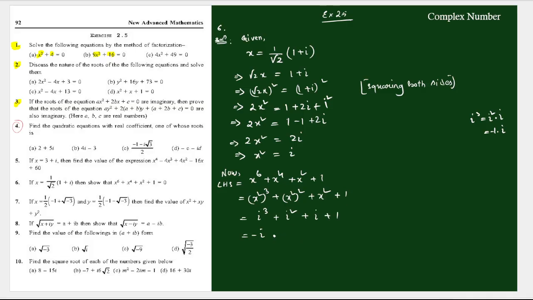So i square means minus 1, this is plus i, and this is minus plus 1. So minus i plus i is 0, minus 1 plus 1 is 0, equal to RHS. So hence x^6 plus x^4 plus x^2 plus 1 equal to 0.